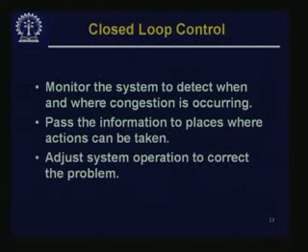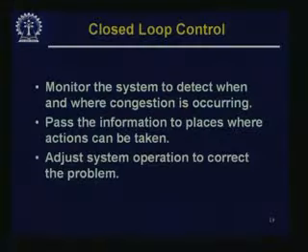Then we were talking about open loop policies. Now you can have closed loop control, that means monitor the system to detect when and where congestion is occurring, pass the information to places where action can be taken, and adjust system operation to correct the problem. So actually this is more sophisticated and in some sense it is better. The point is, say one router in between is becoming congested.